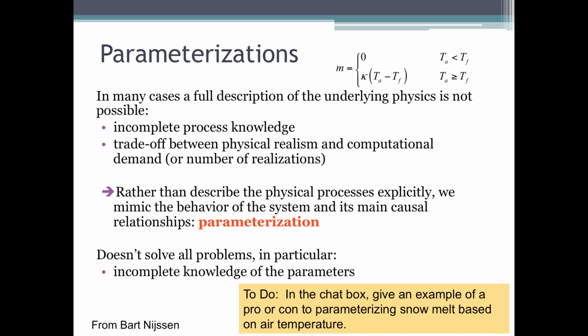Any other thoughts? These are all good examples. And to this day, I think the snow community is split about the utility or lack thereof of a temperature index model. It's still in wide use.